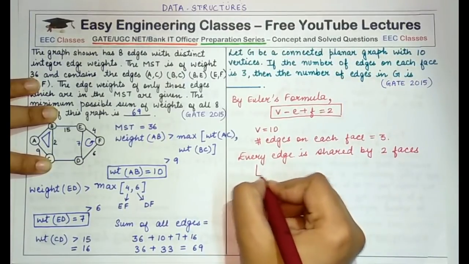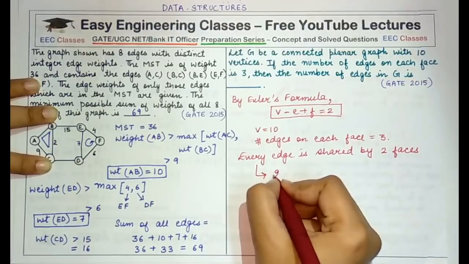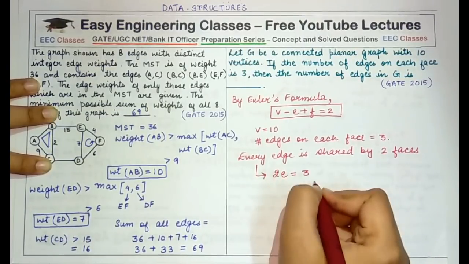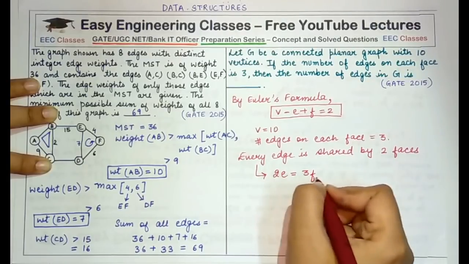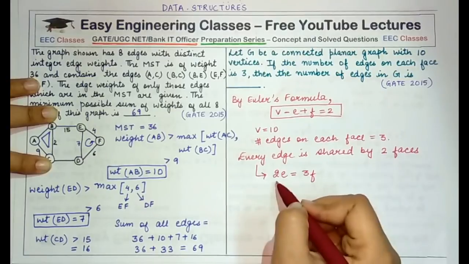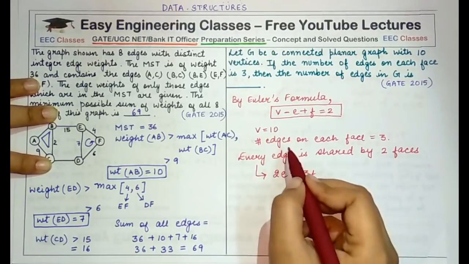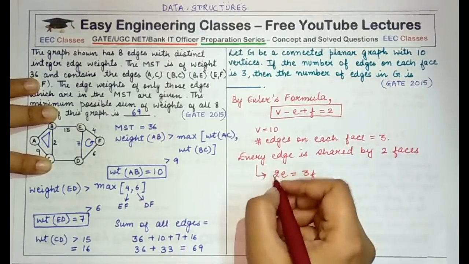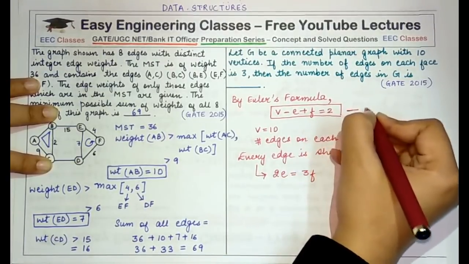Therefore, by the above two lines, you can safely assume the relation twice the number of edges is equal to thrice the number of faces. Because each edge is shared by two faces, and the number of edges on each face is 3. So this is relation number 2.